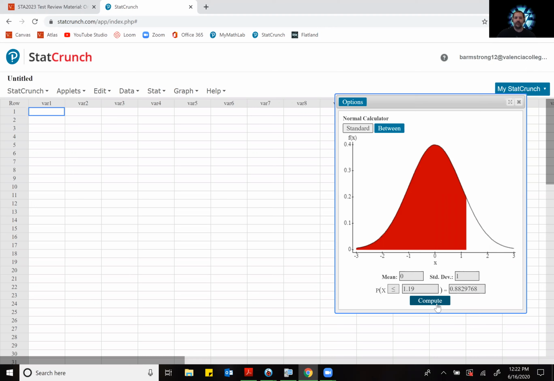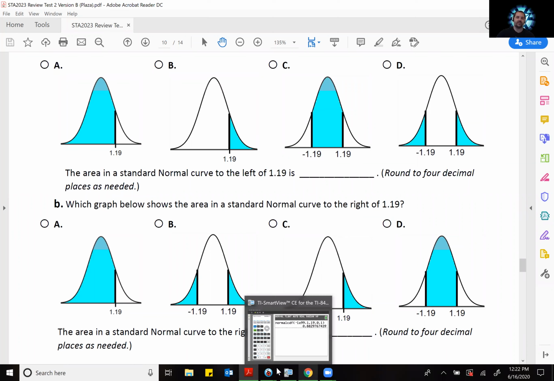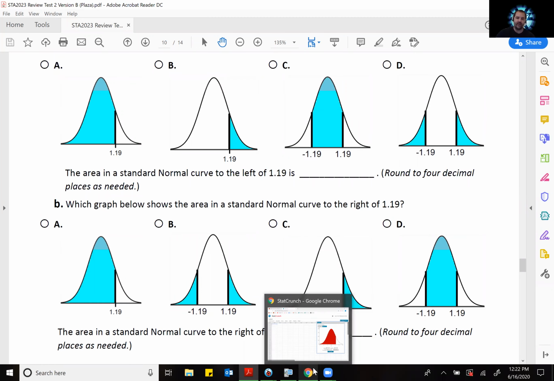So for this one, this time it wants us to be to the right. Which picture is it down below? C. Okay. And then all we need to do is find the probability. This is why I like StatCrunch, because it's so much easier to adjust than the calculator.